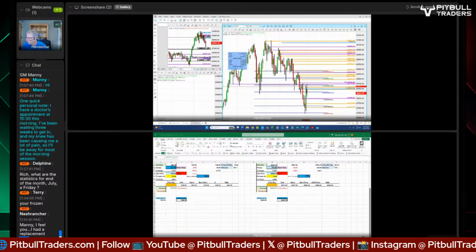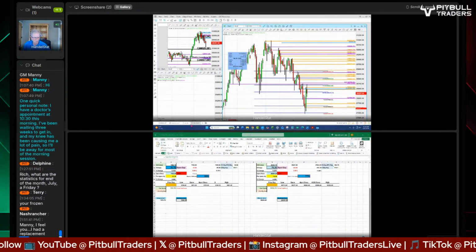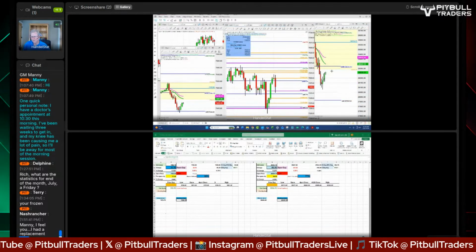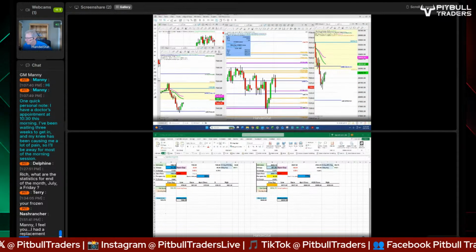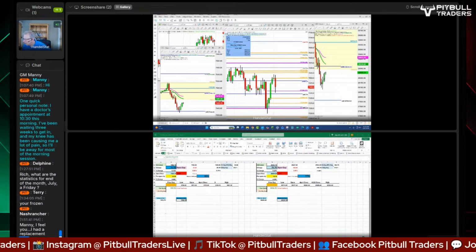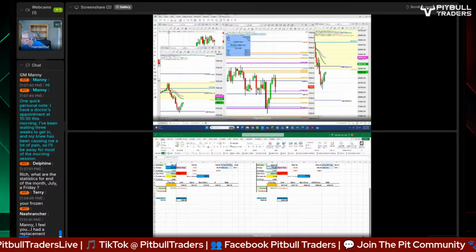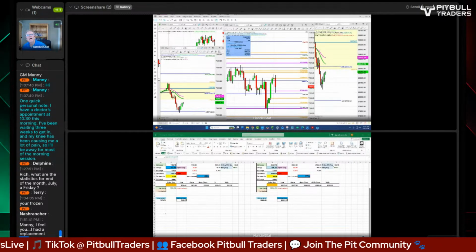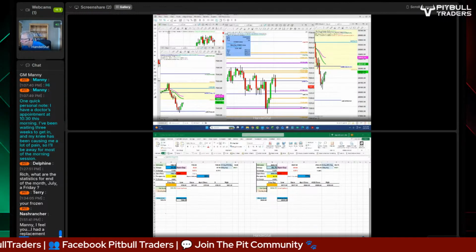So for any reason, let's see, I'm going to go here. Let me go back here and look at this other stuff real quick, because this is not breaking down. Not breaking down yet. But I can do this. Looking at that, it looks like it's going to trade a little higher.